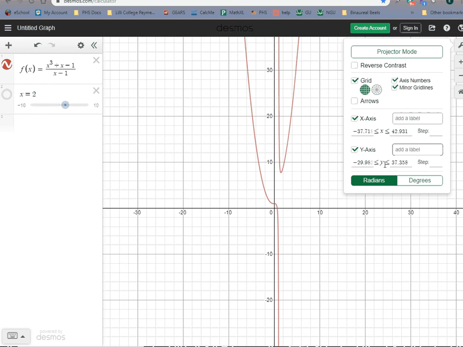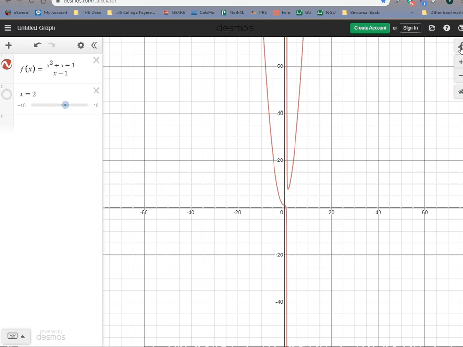Whenever you've got a function where the top is a lot bigger than the bottom, the thing is going to grow vertically a lot faster than it grows horizontally, right? And so when you want a good graph of this, typically you want to slow down the x-axis growth and make the y-axis growth bigger.